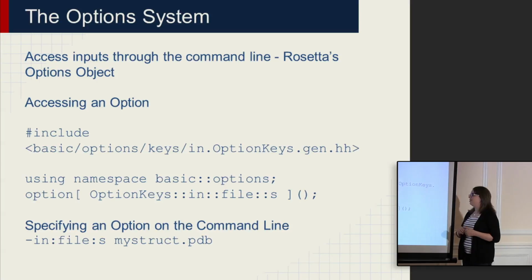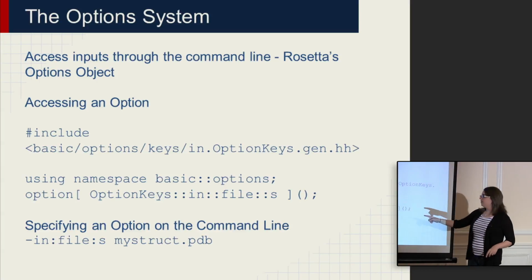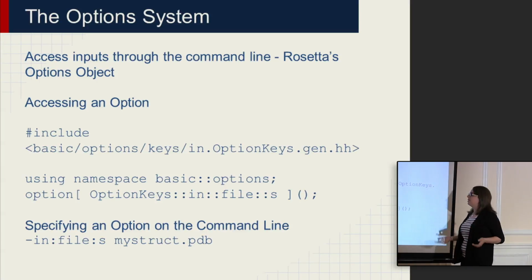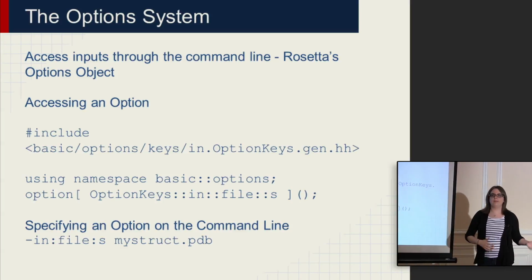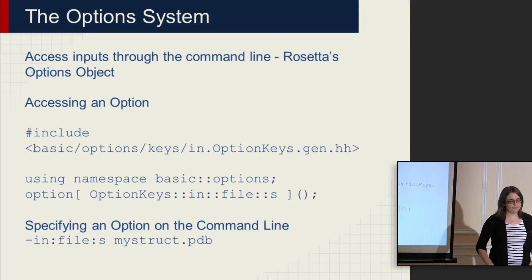Using namespace basic options is just convenience. You could also write out the entire namespace. And to access the option, you can use the options object, and then specify in-file-s, and you can just read in the option directly from there. And then to specify it on the command line, which is what you might be more familiar with, you just use -in:file:s and specify your PDB file name.